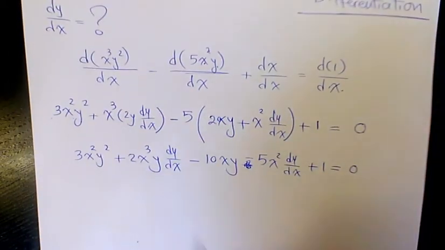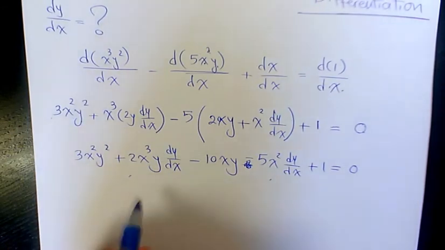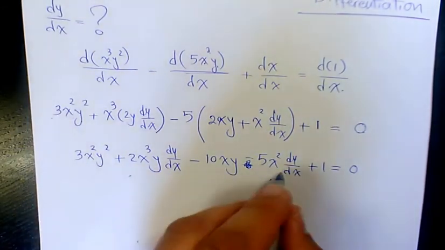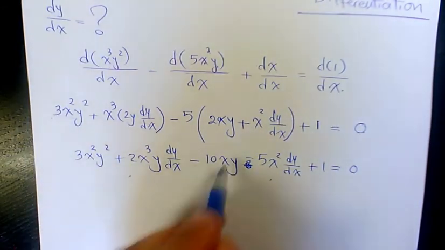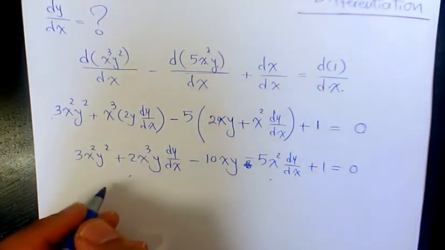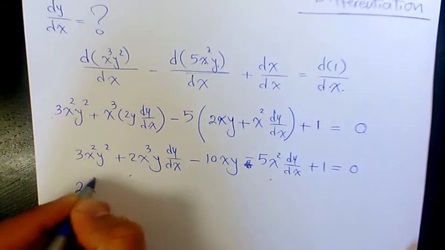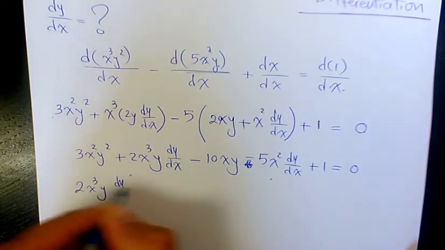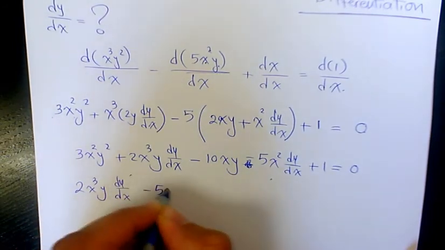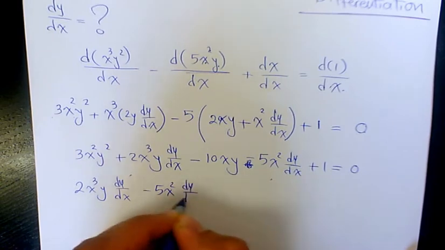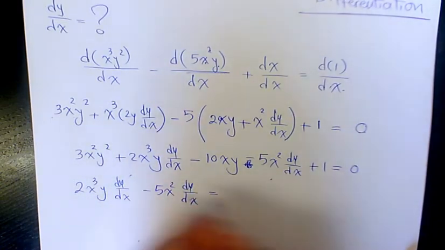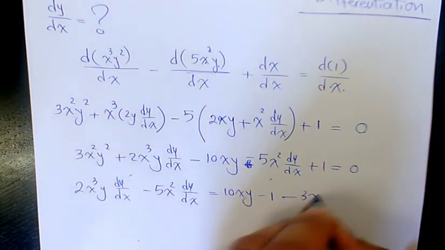Then what you can do, we have these two, we're going to keep them on the left hand side and move the rest to the right hand side. So 2x cubed y dy over dx minus 5x squared dy over dx equals 10xy minus 1 minus 3x squared y squared.